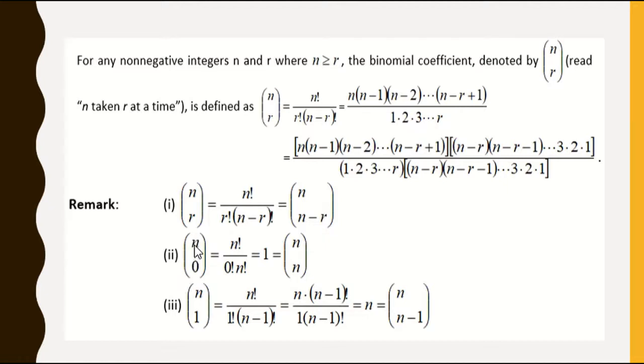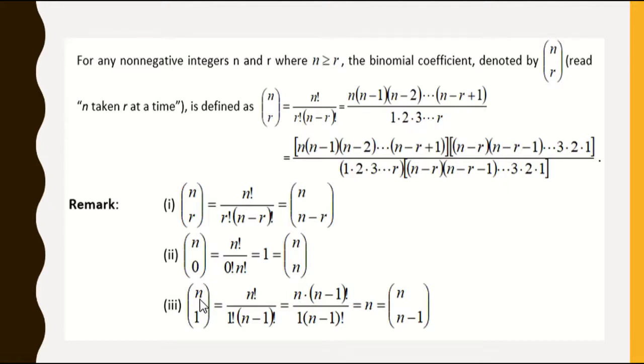Second, n taken 0 at a time is equal to n factorial over 0 factorial times n factorial, which is equal to 1. Diba? Kaya 0 factorial is 1. And n factorial over n factorial is 1. So that is 1. Which is also equal to n taken n at a time.